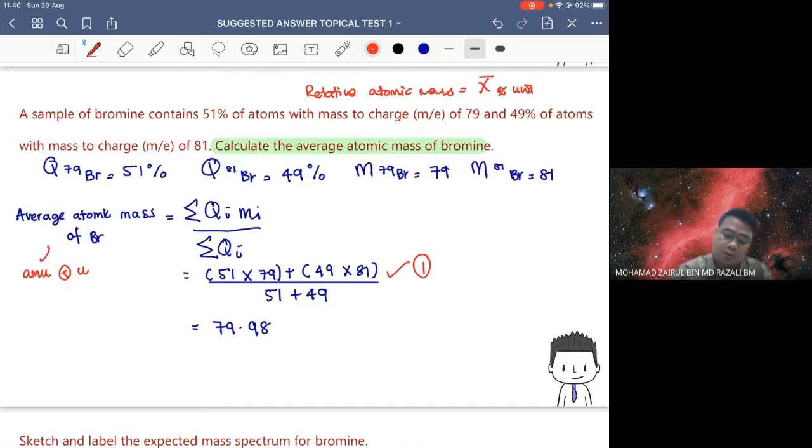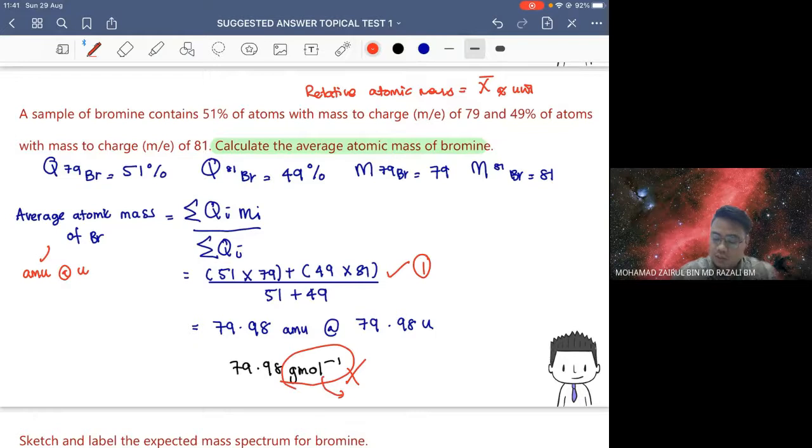So untuk ni awak boleh tulis unit dia sebagai AMU ataupun 79.98 U. Kalau awak tulis dia sebagai 79.98 gram per mol, ini adalah salah, sebab gram per mol adalah unit untuk molar mass.